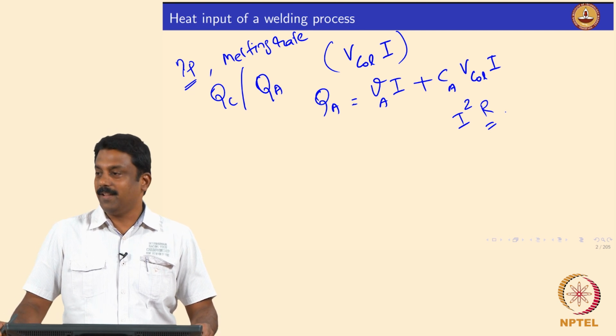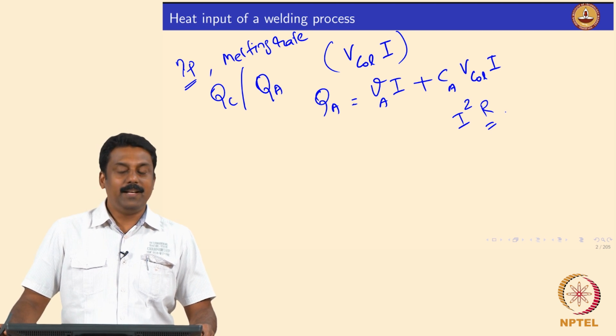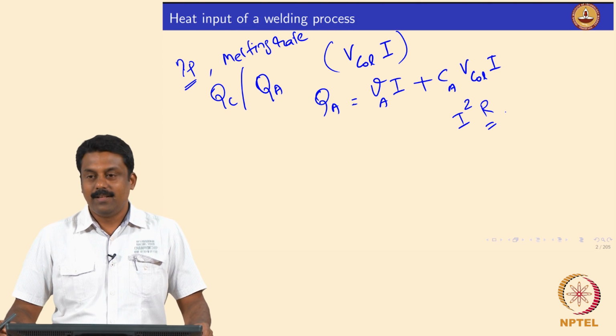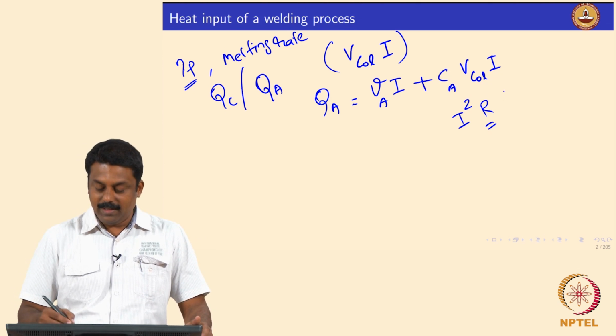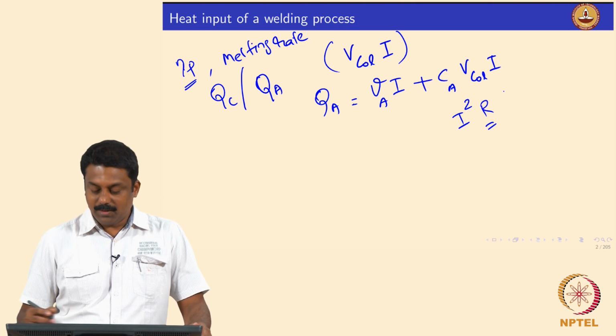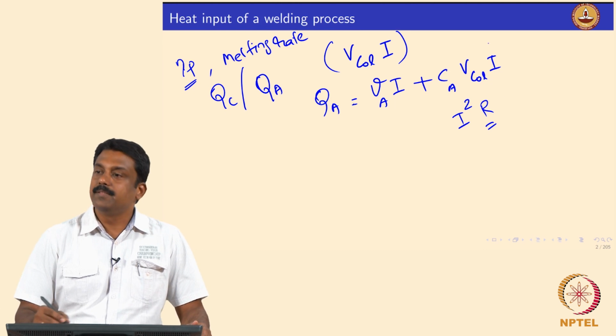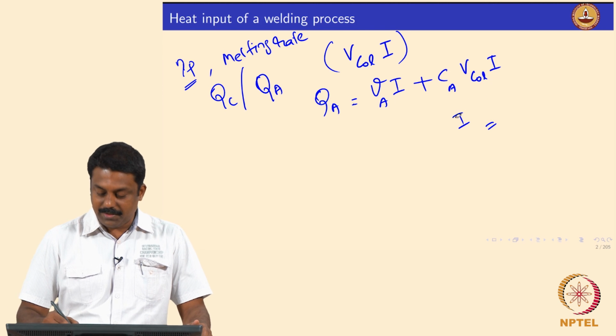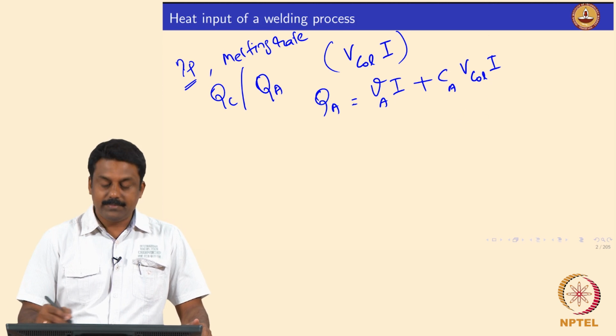We derived an equation to calculate the electrical resistivity of an arc, so that we can calculate the heat generation in the arc. That is why we derived that equation to calculate this term.